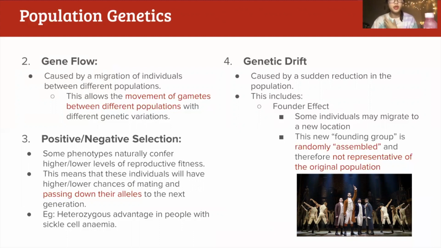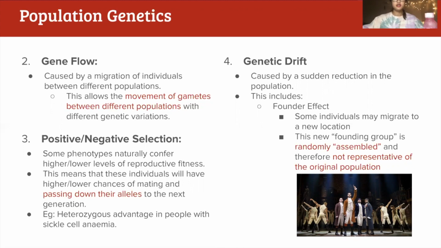If they reproduce with individuals in a new population, their new set of alleles that they have carried from a foreign population are being passed on to the next generation. So the next generation has increased genetic variation because they now have some new alleles being introduced to them by the foreign individuals.